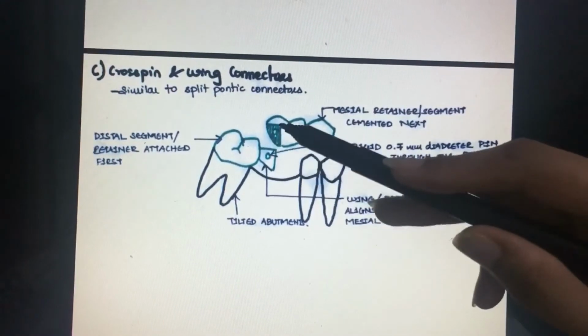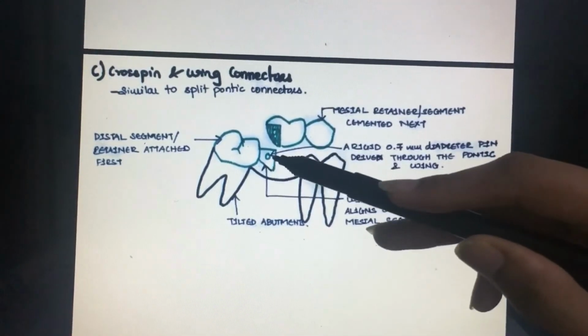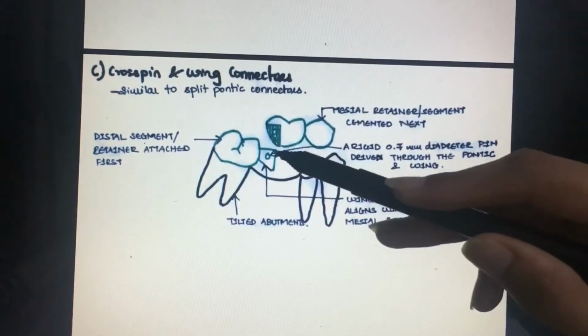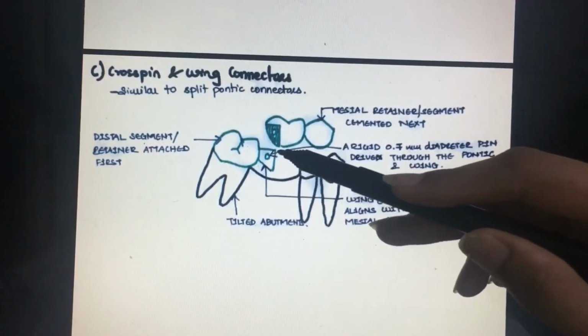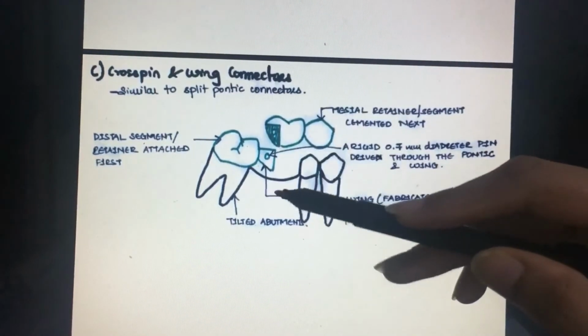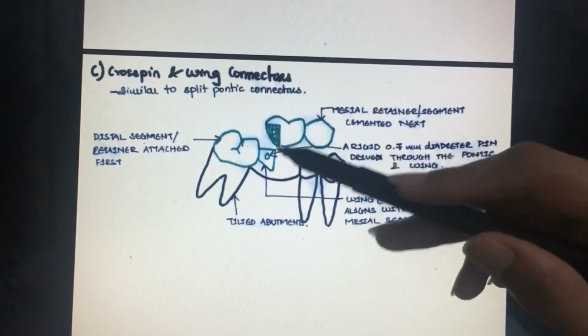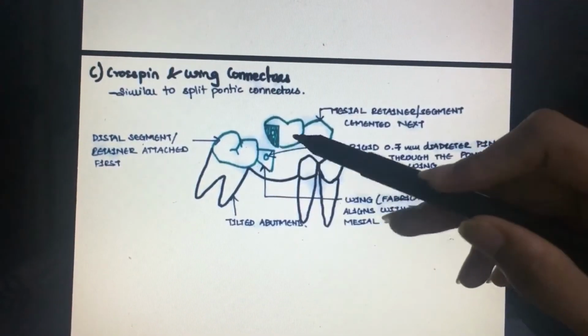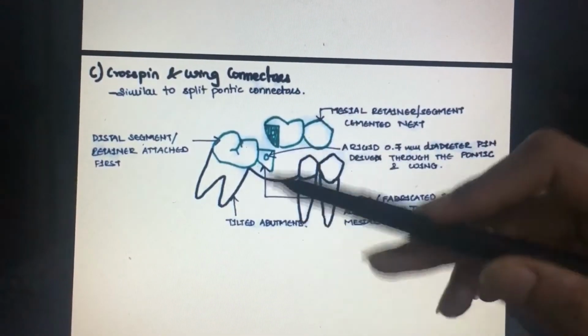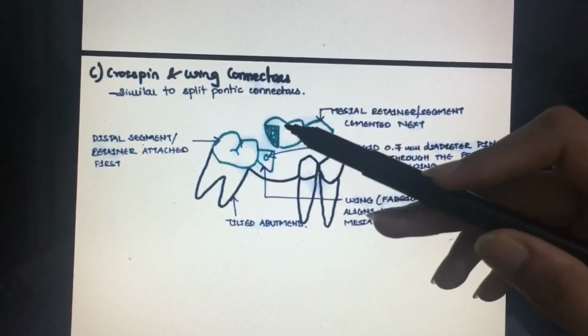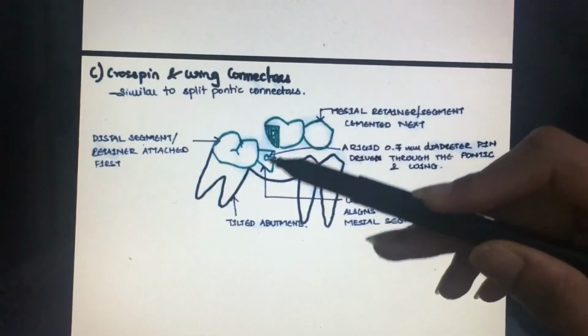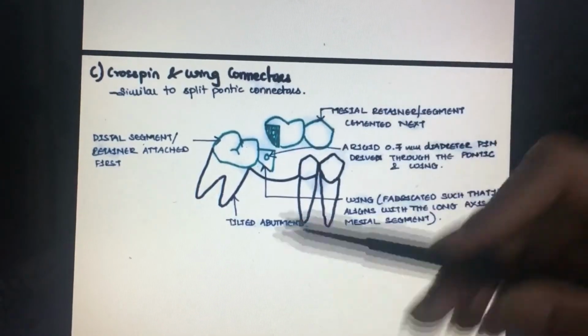This hole is made with the help of a 0.7 mm diameter rigid pin, which is driven through the pontic as well as the wing, and a hole is created. After that, we secure the pontic and the wing with the help of a screw.